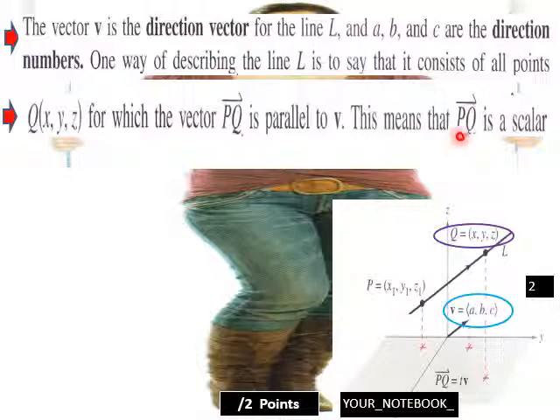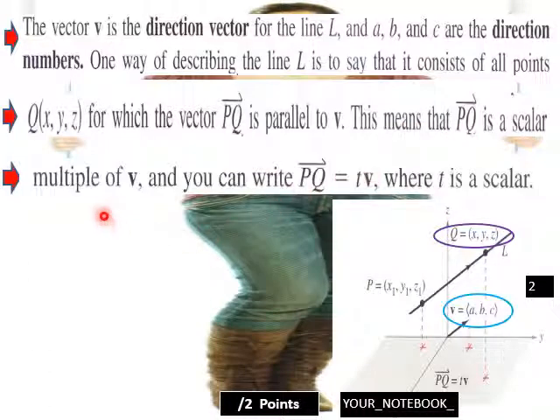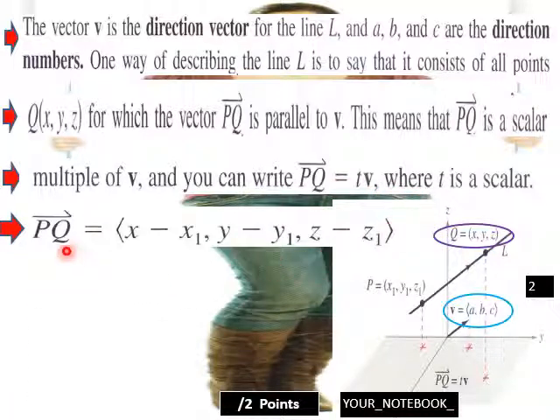This means that the vector PQ is a scalar multiple of V, and you can write the vector PQ equals TV, where T is a scalar.